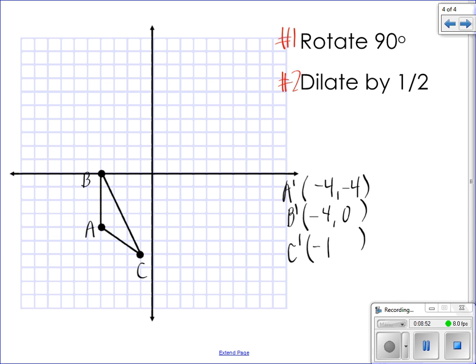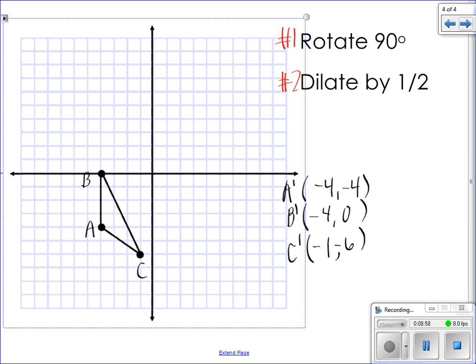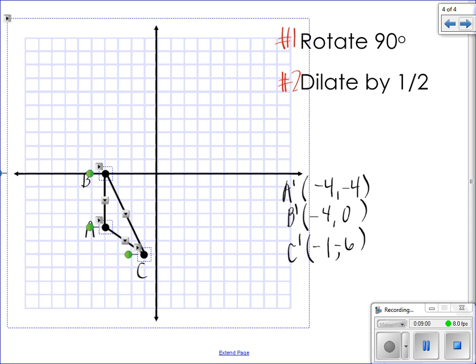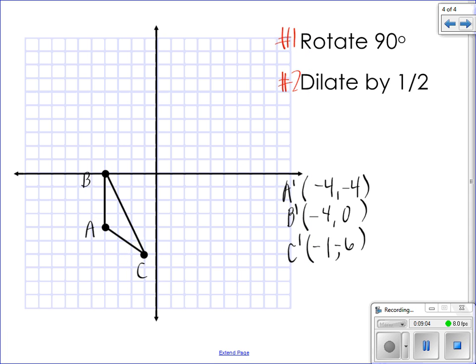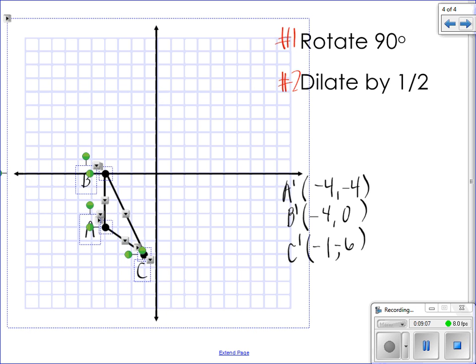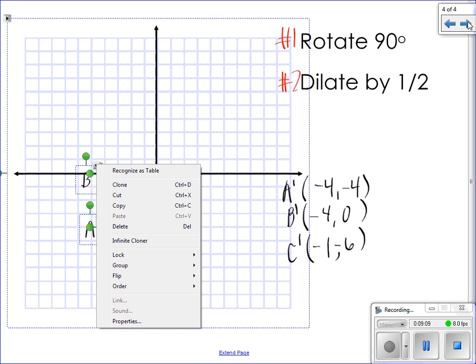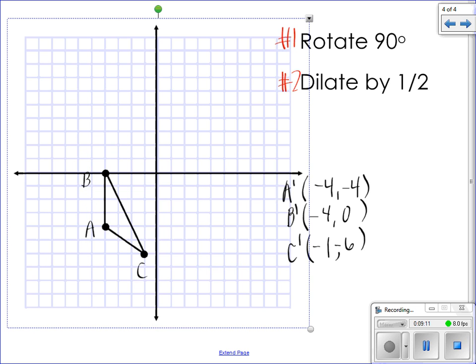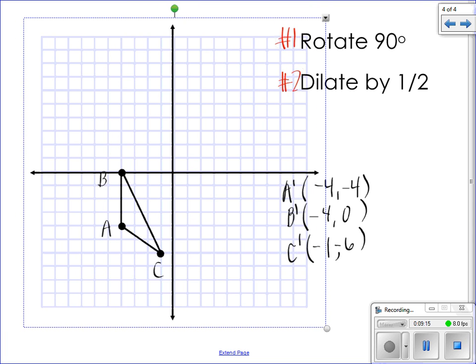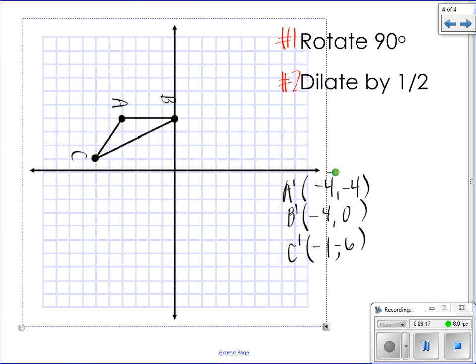Okay. Now we have to turn it back the way it was facing. And we're going to plot those points over there.